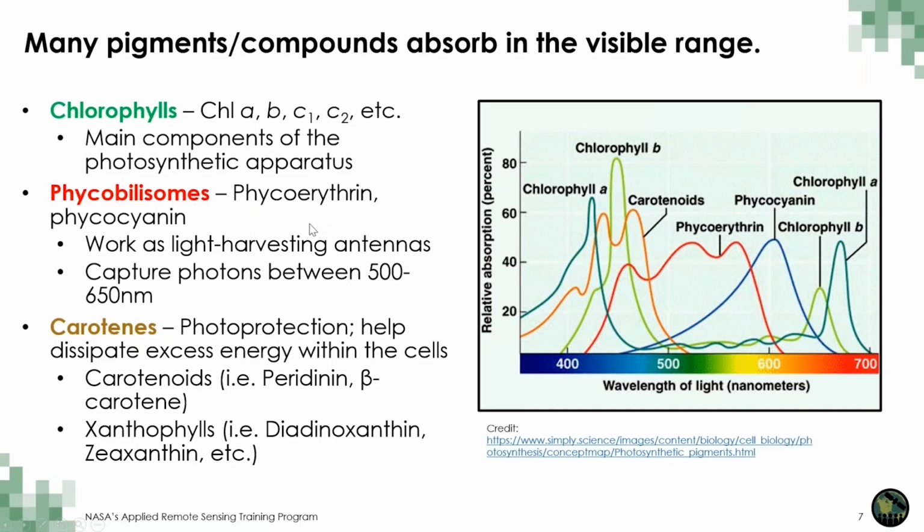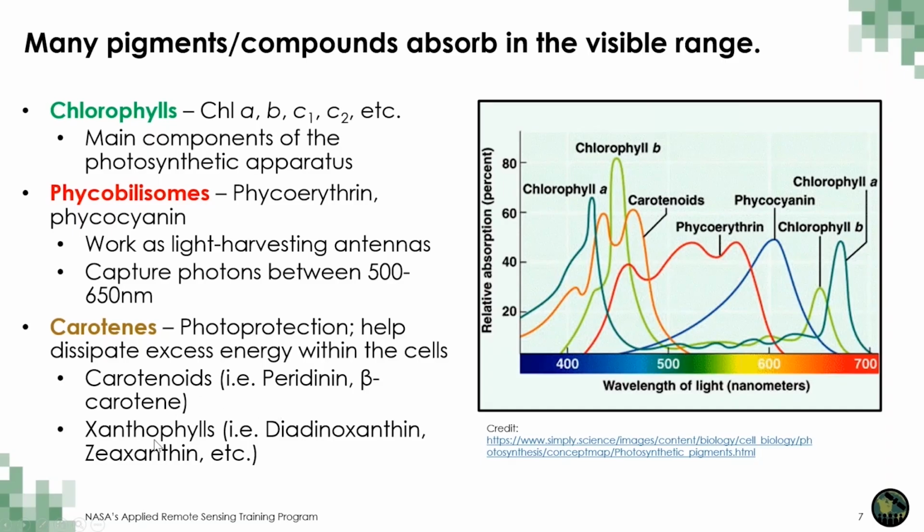Now, both of these pigments work as light-harvesting antennas in the photosynthetic apparatus. And as I said, they capture photons between the green and the red part of the spectrum, some of them. Then there are other pigments associated with photosynthetic organisms, the carotenes, which are mostly for photoprotection. Some of them are the carotenoids like peridinin, which is characteristic of corals, the zooxanthellae inside the corals, beta-carotene and others.